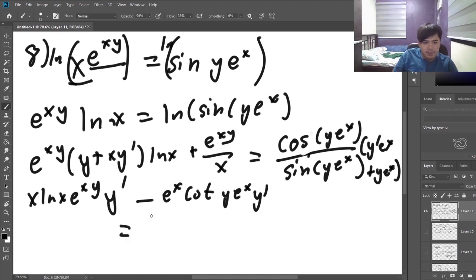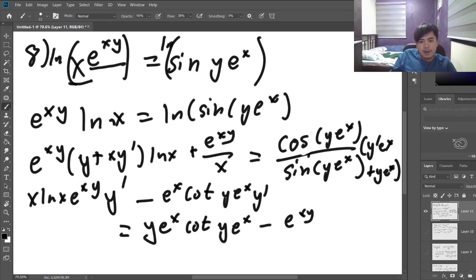We're struggling for space. This is equal to, let's focus on the ones here. y e to the x cotangent of y e to the x. Hey, look at that. And then subtract by this one, e to the xy over x. And then we subtract by this y e to the xy ln x.